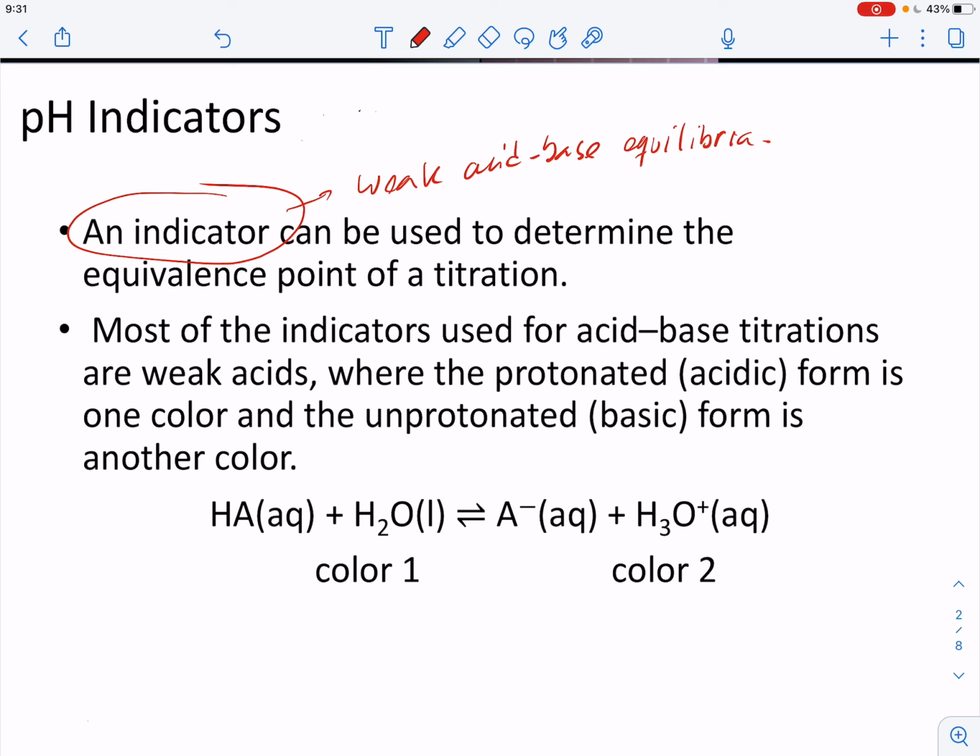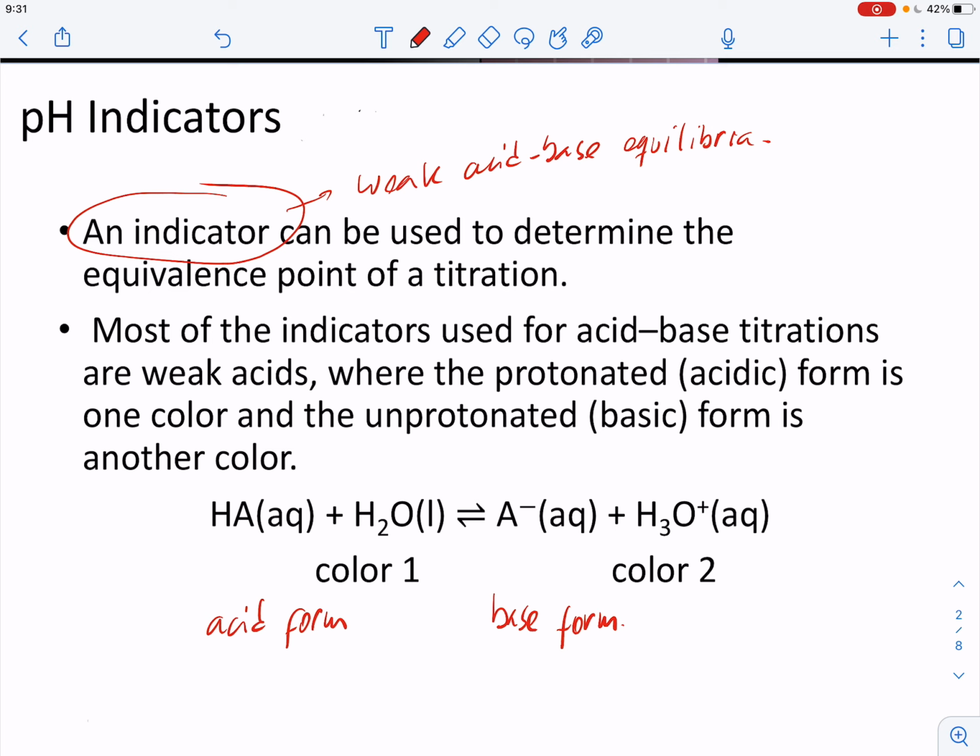So here we can divide the indicator in two forms. We call this the acid form, and the acid form will have a color. What the color is, it doesn't really matter, as long as it's a different color from the base form, then that indicator would be helpful to determine the end point of the reaction or the equivalence point of the reaction.